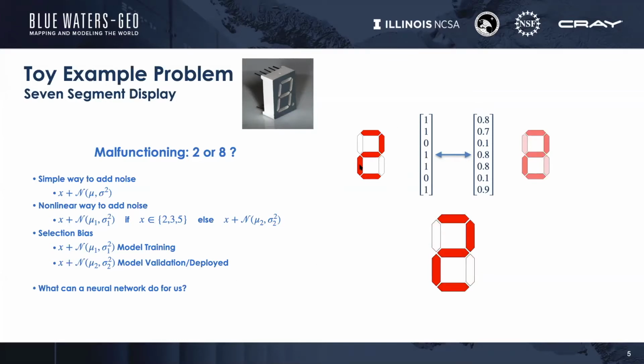So for example, if we take the vector that represents the Arabic numeral 2, and perhaps the noisy version of it is 0.8, 0.7, 0.1, 0.8, 0.8, 0.1, 0.9. And of course, with this cute little animation, even us as humans have a hard time looking at that animation and realizing that that's a 2.